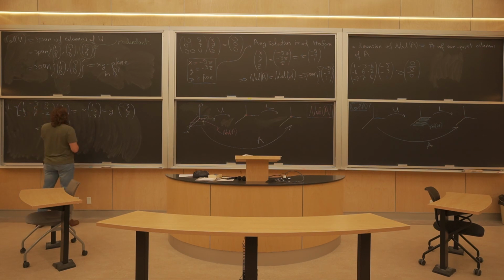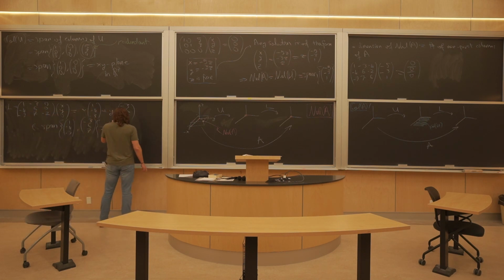So this is in the span of (1, -4, -3), comma, (-3, 6, 7). And this now is the column space of A.